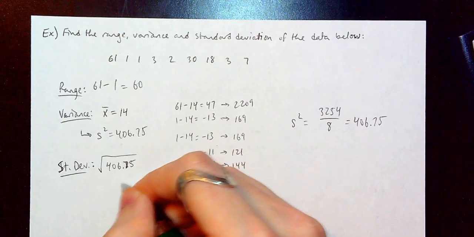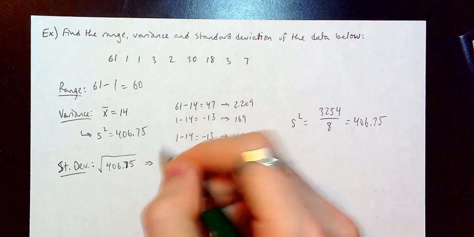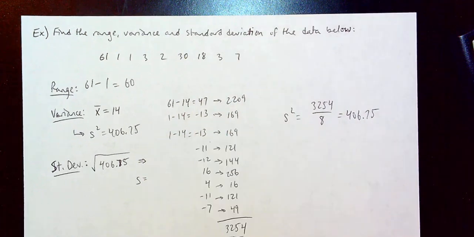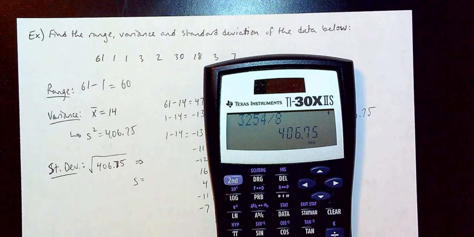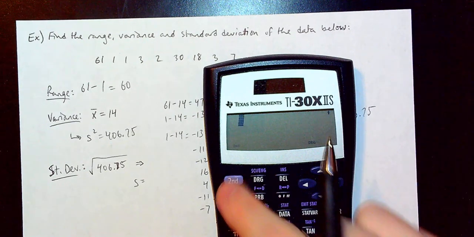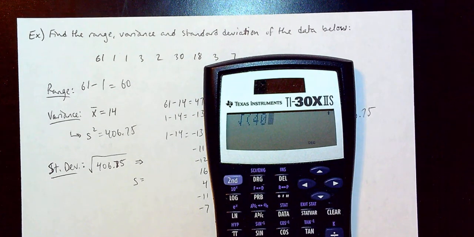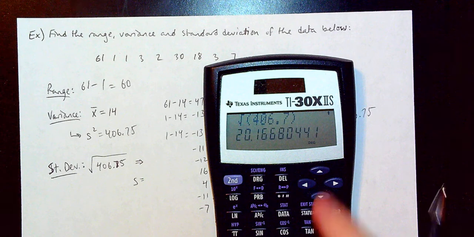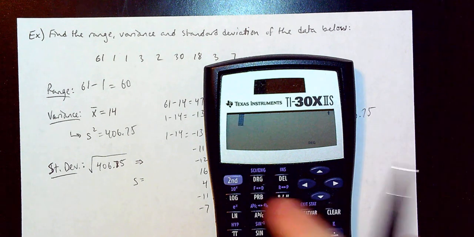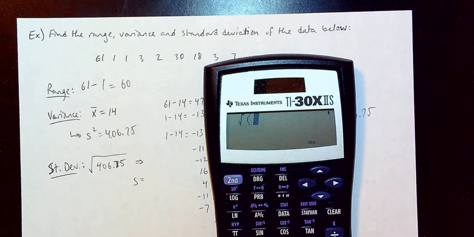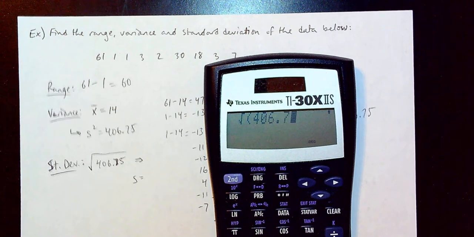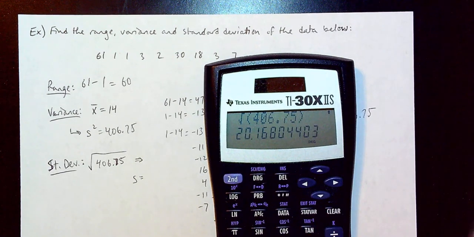If you do it in your calculator, the square root of 406.75, you get about 20.168.